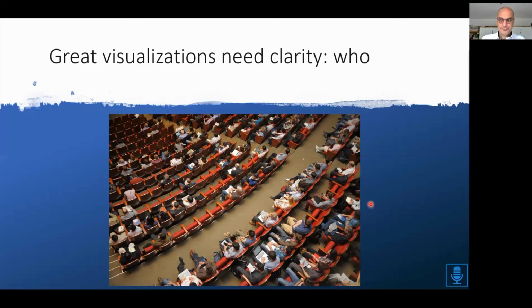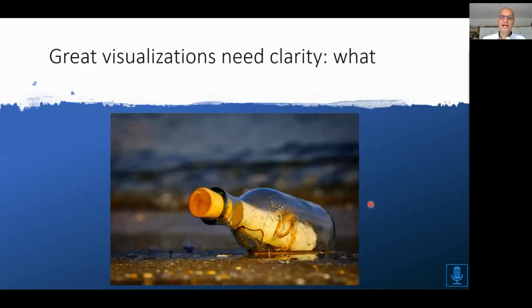The next thing that you really need to know about, especially in terms of explanatory visualizations, is what do you want to communicate? What is the key message? And you need to be really crisp here to get something right. Just "show me the data" is not really a good way to come up with a good visualization.